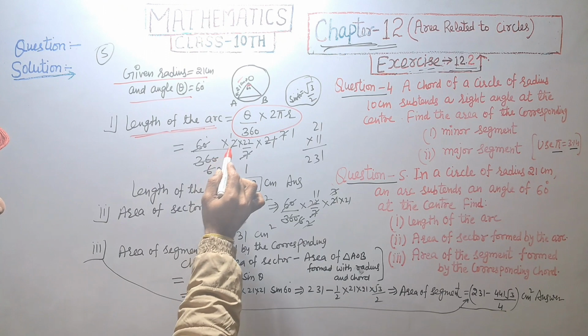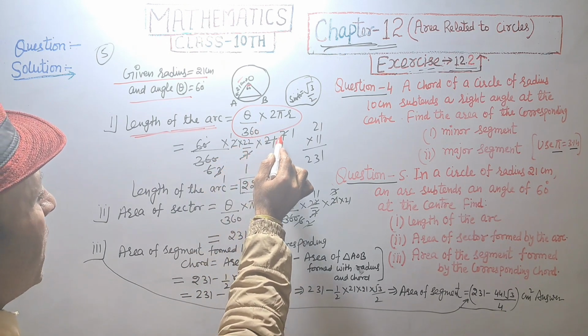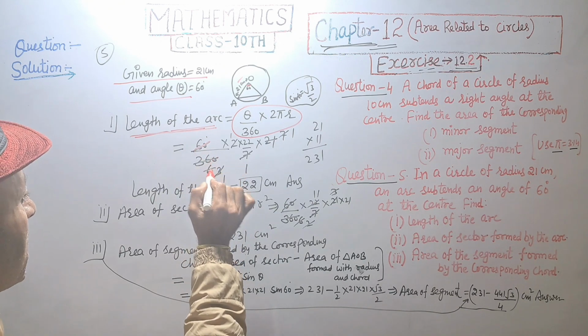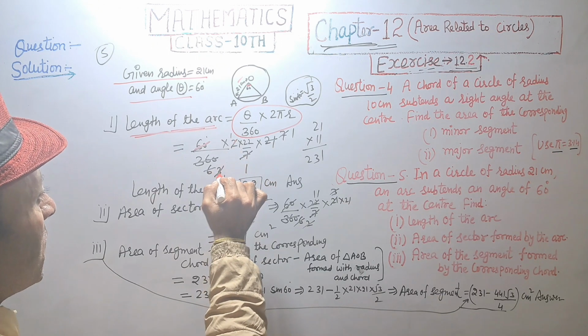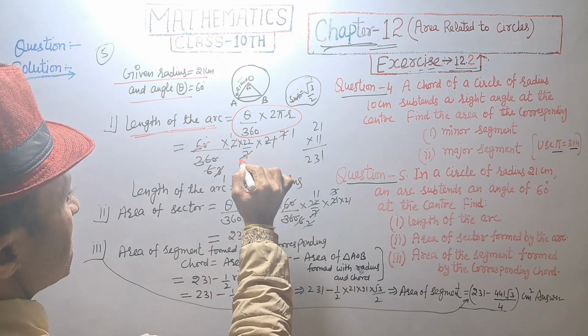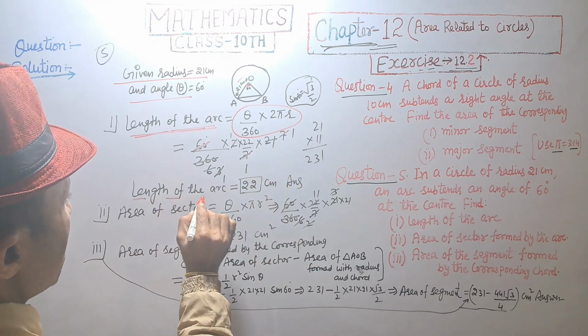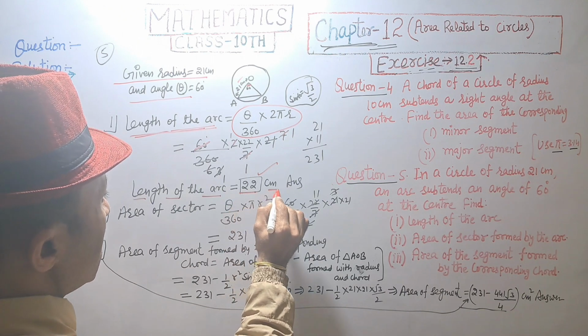Theta is 60 upon 360 into 2 into pi, 22 upon 7, into radius 21. 6 6s are 360, 2 1s are 2, 2 3s are 6, 3 1s are 3, 3 7s are 21, 7 1s are 7. We get length of the arc is equal to 22 centimeter.